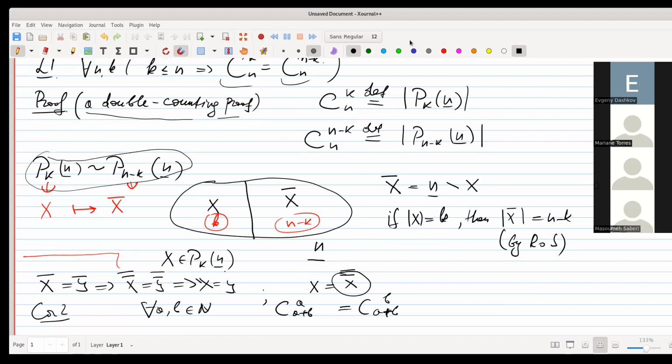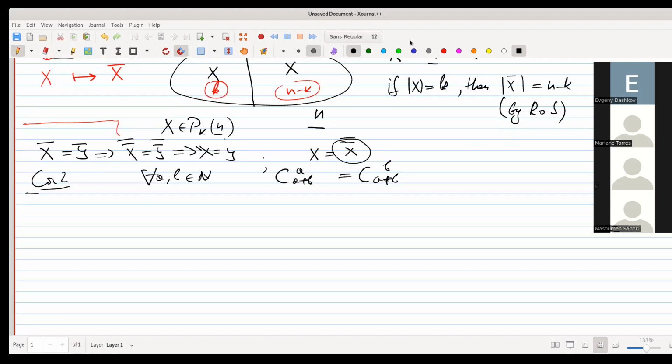Now, let us see why these numbers n choose k are known as binomial coefficients. Let us consider binomial formulas, say x plus y, where x and y are just reals. What is x plus y squared? You should know that quite well.